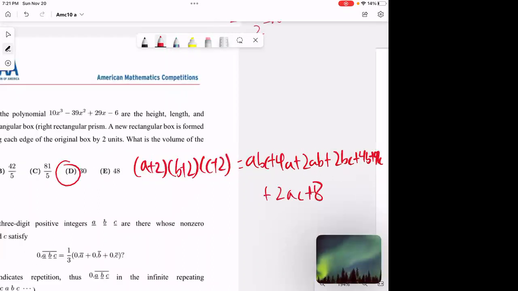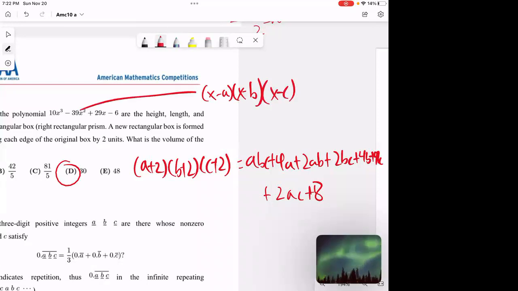We have ABC is equal to, now I can show you how to prove it. If we take the roots, any polynomial can be rewritten as 10 times x minus A, x minus B, x minus C, right? This is equal to this.